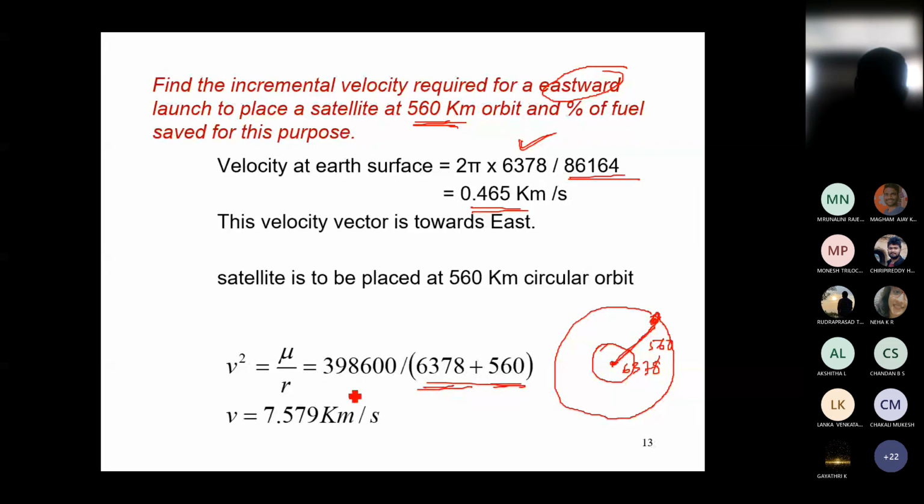Using this, we found that the velocity at which the satellite moves comes out at 7.579 kilometers per second. Okay, got the point. That means if we want to launch a satellite at an altitude of 560 kilometers, then the satellite will move at a velocity of 7.579 kilometers per second.